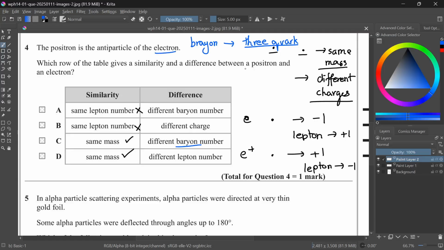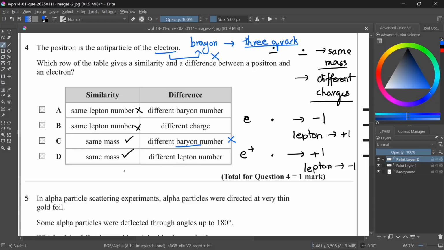It cannot be made up of three quarks. It's a single particle, it's itself. So it does not come in the category of baryon. It's in the category of lepton. And we can just literally cross this out, right? Because it does not fulfill the three quarks thing. It's not made up of any quarks.